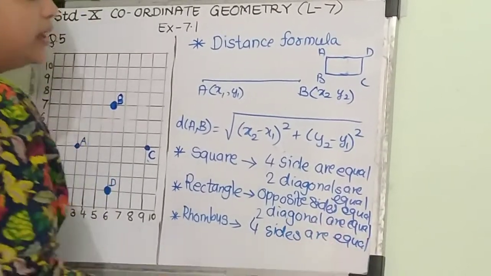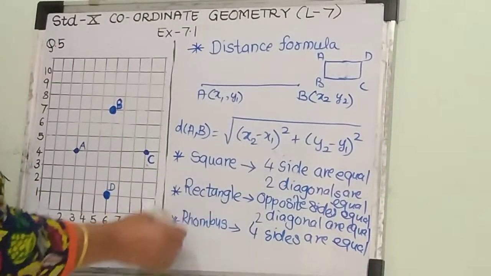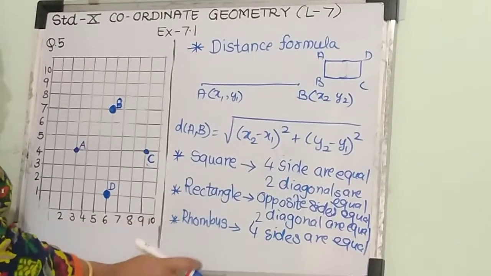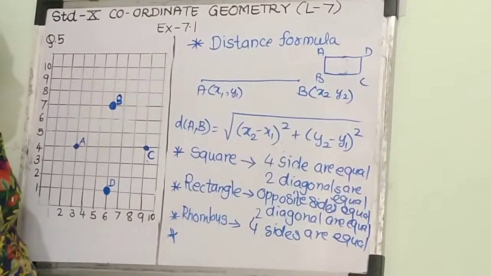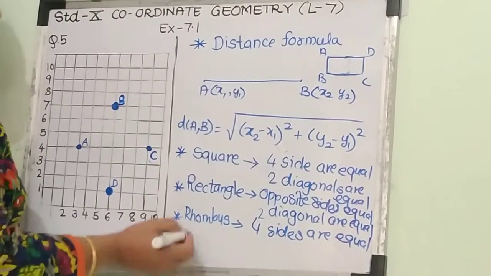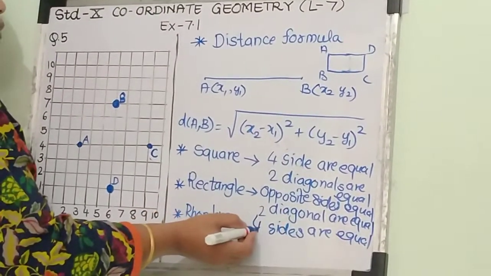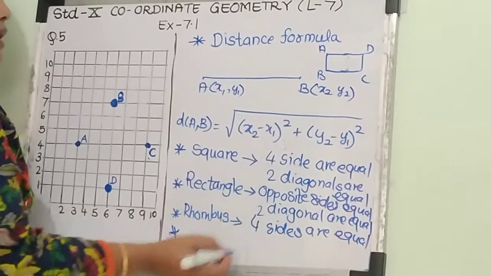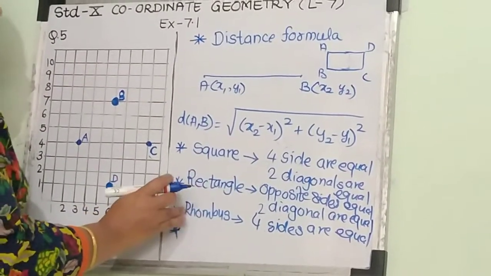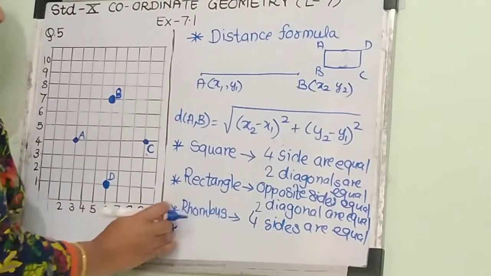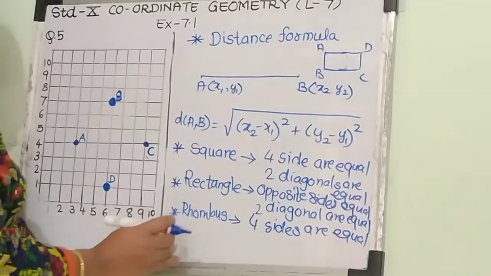Once we get the four sides equal, then we can say that it is a rhombus, and here the diagonals are not equal. So for the rhombus we have to find the lengths of all four sides, and then we write that the given quadrilateral is a rhombus.